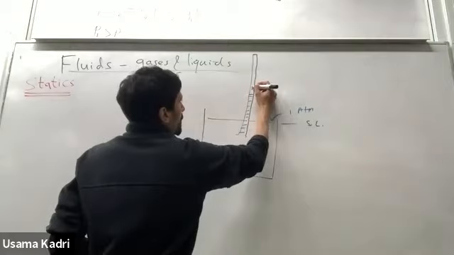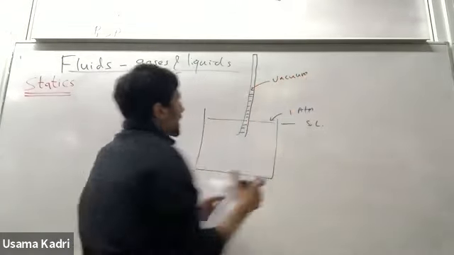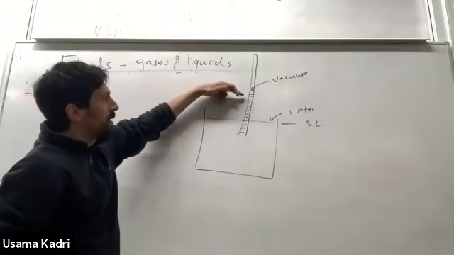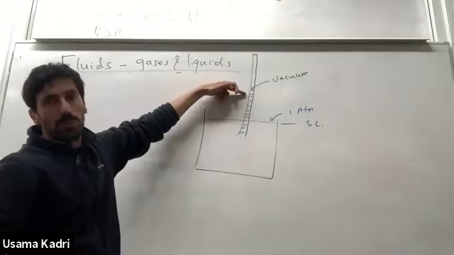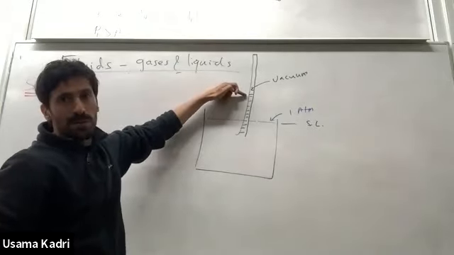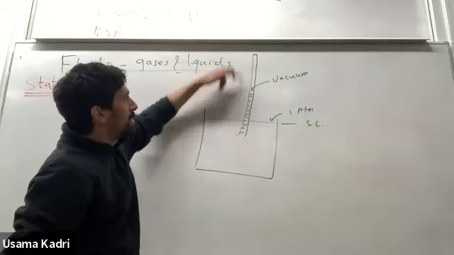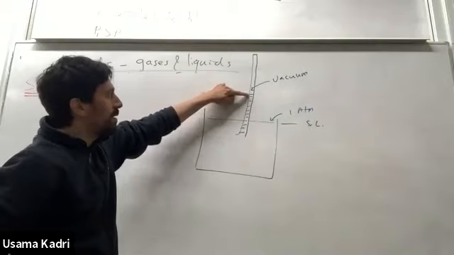So you create vacuum here. I can keep pulling that up. The water won't have any respect to me. It will just stay there. It won't move. I can keep moving it up or down. It will just stay there as long as this part is above it. Why? Because the pressure here is 0.